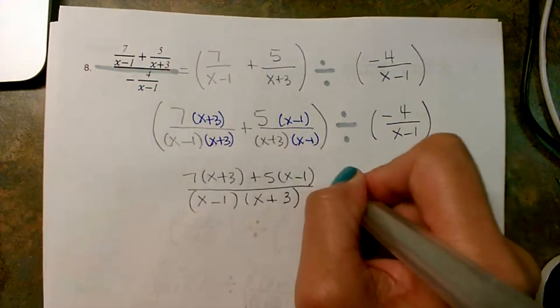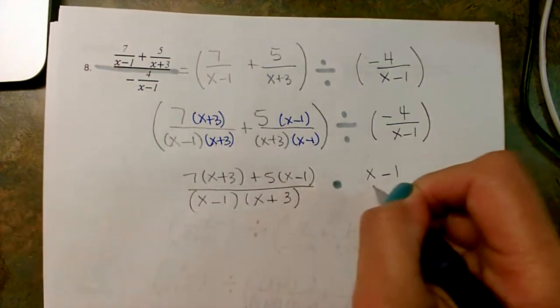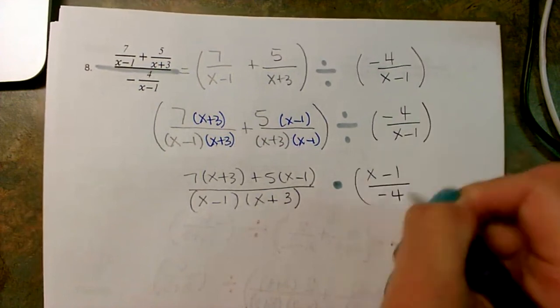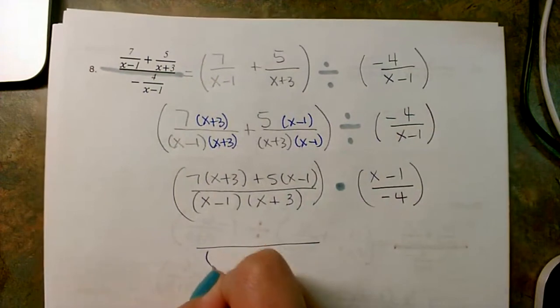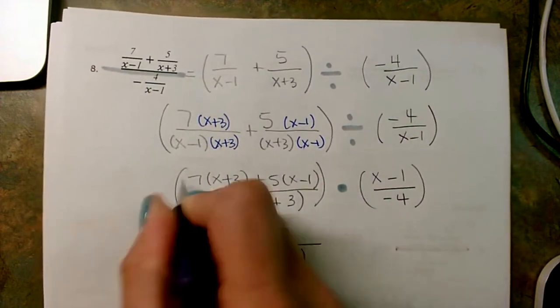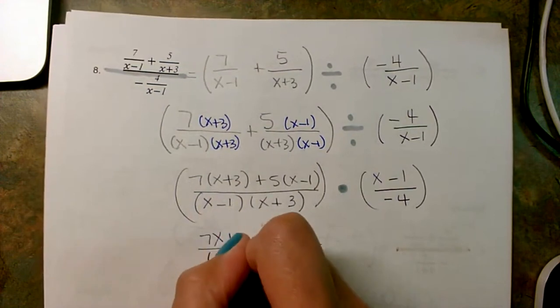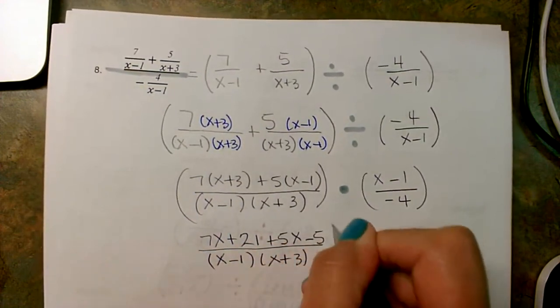If we want to, we could flip it now. Doesn't matter when, as long as we do it. So we have x minus 1 and x plus 3. Let's distribute 7x plus 21 plus 5x minus 5.